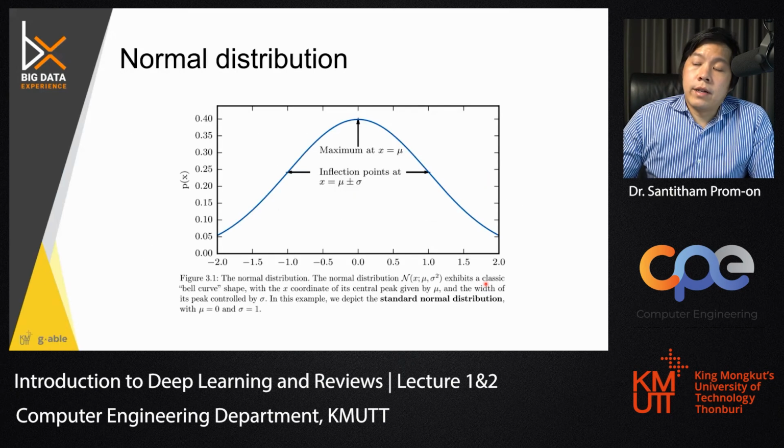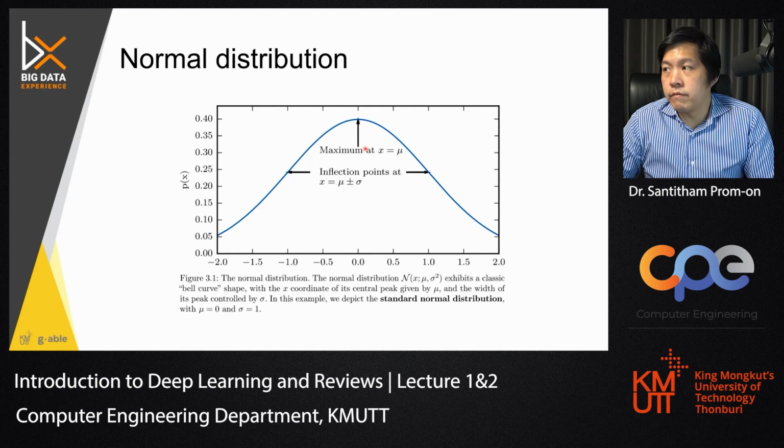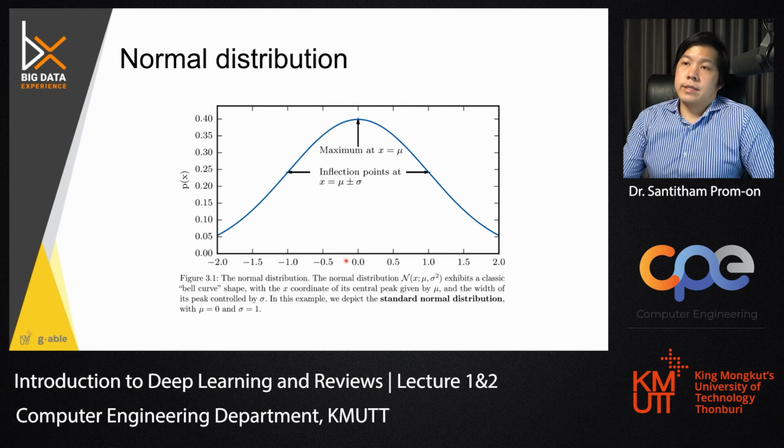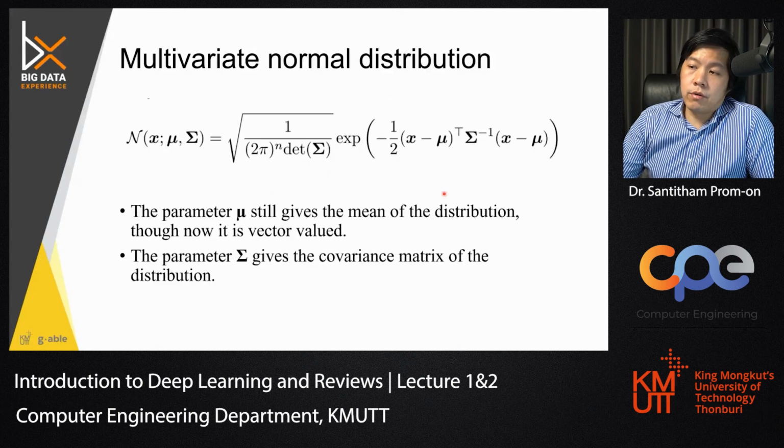So mu would be the center of the peak, while sigma would control the spread of the mountain. All right, this is the normal distribution. This particular case is called the standard normal because the mean equals 0 and the standard deviation equals 1.